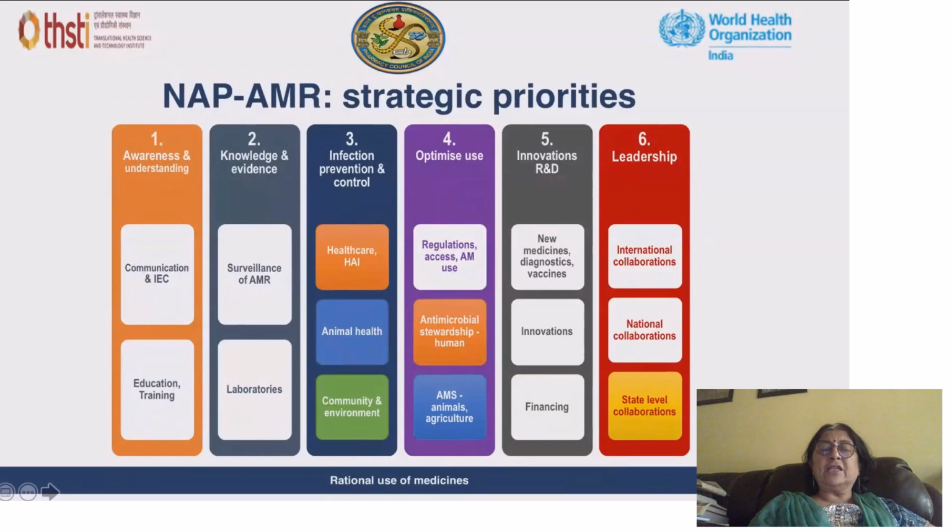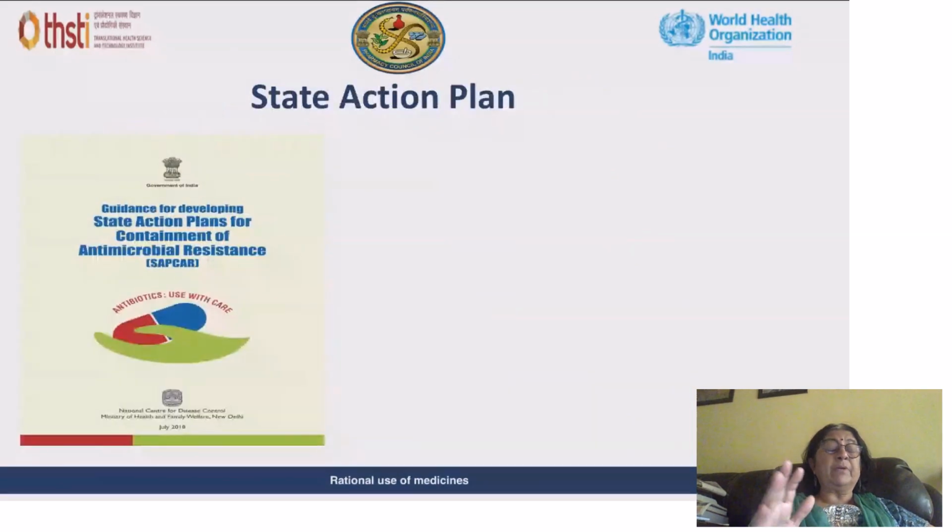Optimize use by changing regulations, access, and antimicrobial use. Antimicrobial stewardship program in humans as well as in animals and agriculture. New medicines, diagnostics, vaccines, innovations, and financing, and international collaborations, national collaboration, and state level collaborations are part of the programs to promote or prevent antimicrobial resistance.